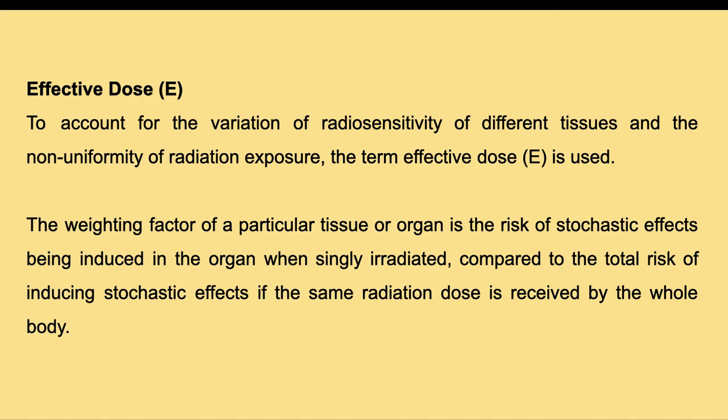The weighting factor of a particular tissue or organ is the risk of stochastic effects, that means the effects which cannot be predicted, being induced in the organ when singly irradiated compared to the total risk of inducing stochastic effects if the same radiation dose is received by the whole body. That means if that radiation is received in a particular part or in the whole body, it will be different.